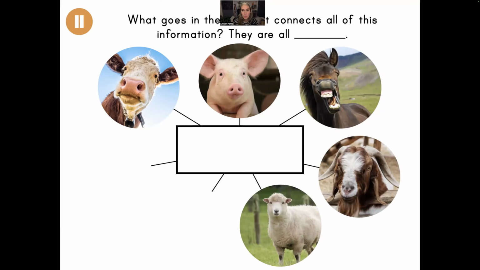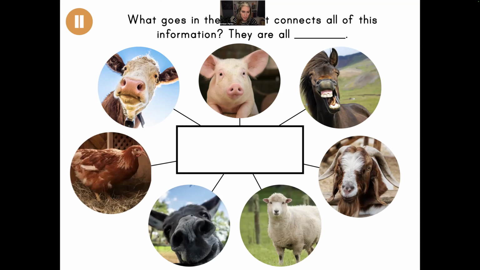We've got a cow and a pig and a horse and a goat and a sheep and a donkey and a red hen. What goes in the middle here? Well, they're all farm animals, right? That's one big category, and I could leave it there. But I want to keep thinking about what were the categories or the biggest category that was talked about in the text.